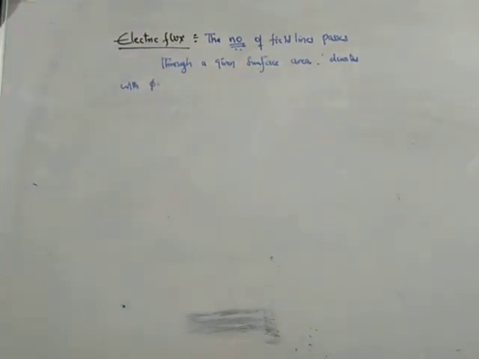That's the number of field lines passing through the given surface area. So we will discuss the formula, and it is denoted with phi.